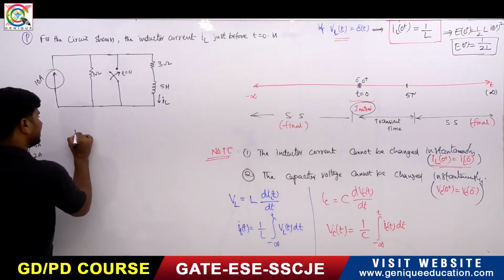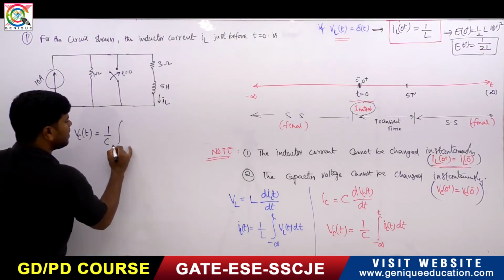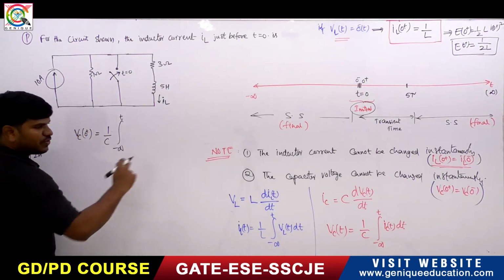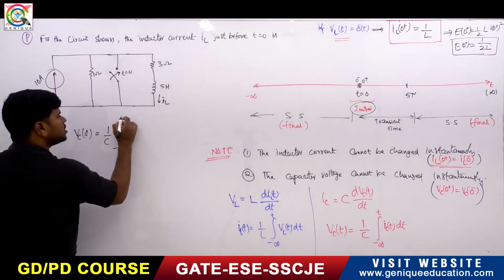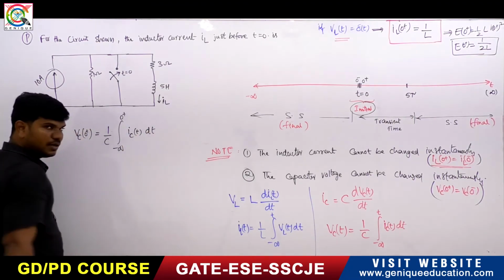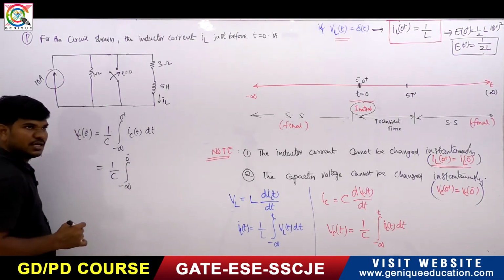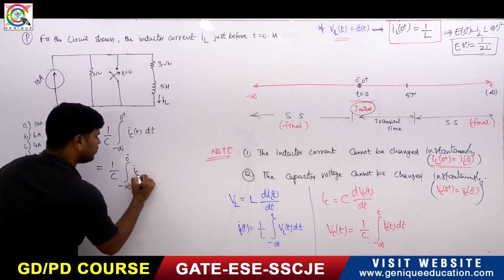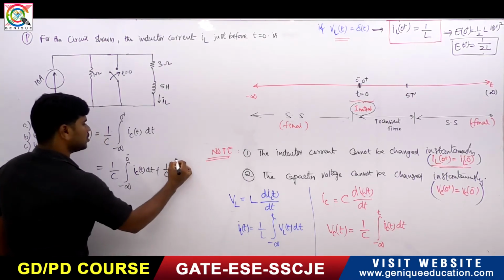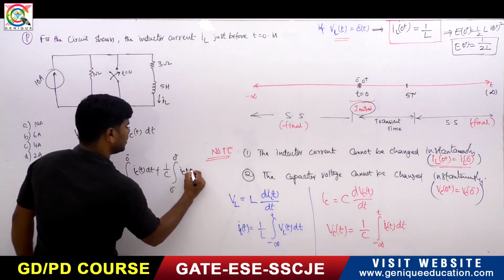Vc of t is equal to 1 by c integral minus infinity to t IC of t dt. I am splitting the intervals: 1 by c integral minus infinity to 0 minus IC of t dt, plus 1 by c integral 0 minus to 0 plus IC of t dt.